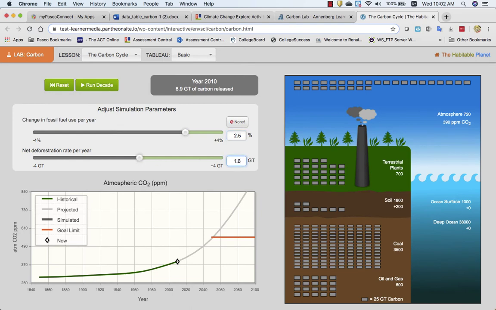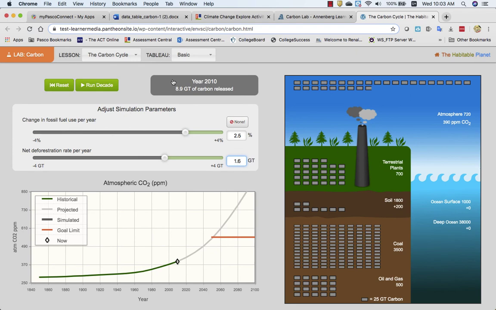In the first round of this simulation, we had this set at 2.5 for change in fossil fuel use per year and net deforestation of 1. We are now increasing our deforestation. So we're looking at the impact of, while we aren't burning more fossil fuels, we are clearing more land, deforesting more land. Think about the role that trees and forests play in the carbon cycle, and start making some predictions about what might happen to the carbon in these different pools or sinks.